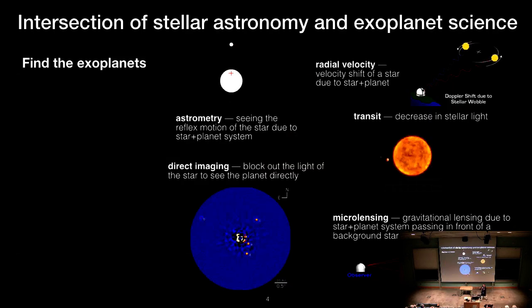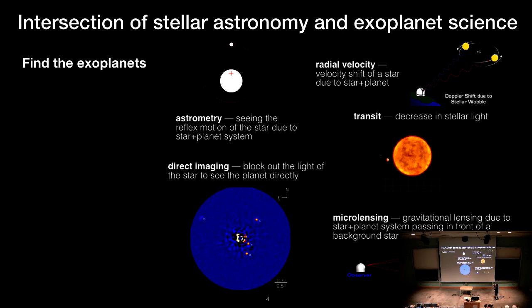And in the ensuing time since the first exoplanets were discovered, there's been a fantastic intersection of stellar astronomy and exoplanet science. And this takes place in a couple of different manners. The first one is a very basic approach: since pretty much all of the exoplanets we found outside of the solar system, we found around other stars, you need to understand the stars in order to find the exoplanets. And this is just a summary of some of the different observational techniques that we have in our toolbox to find exoplanets.